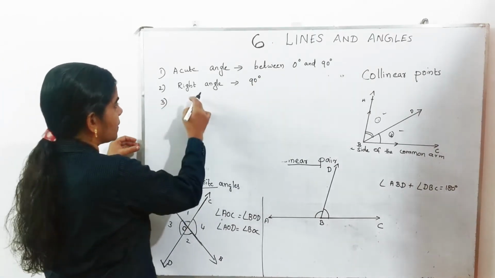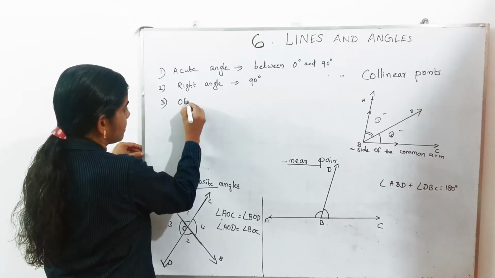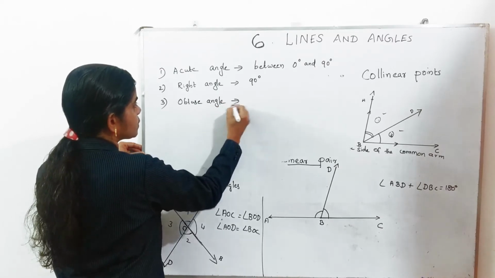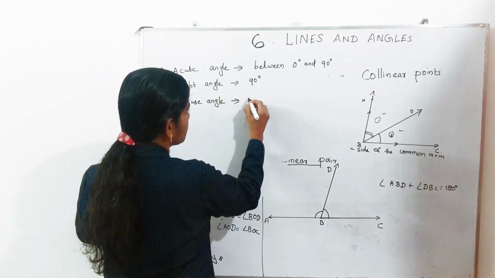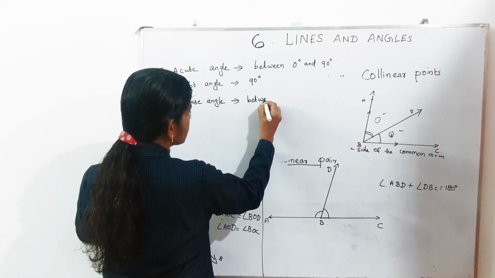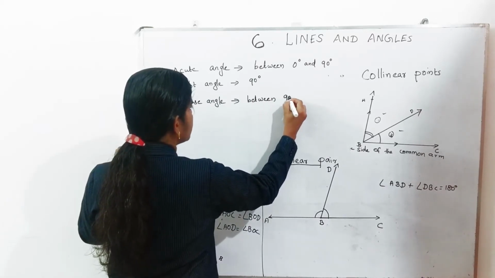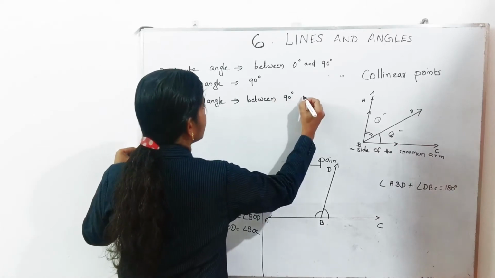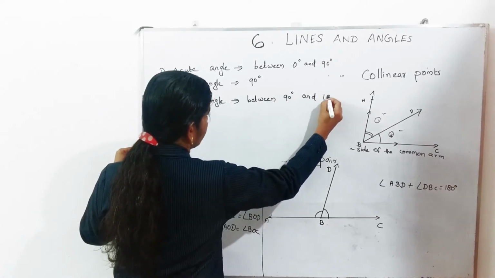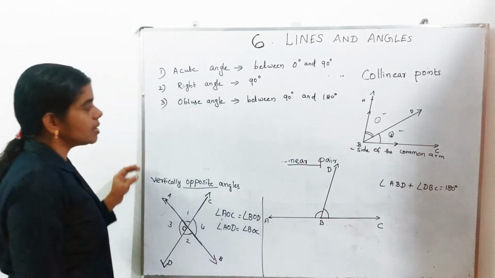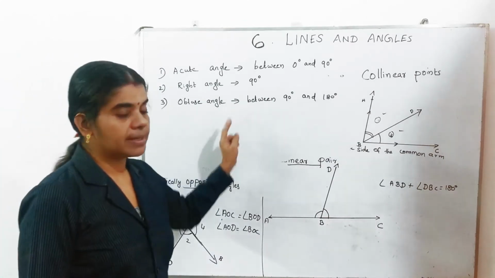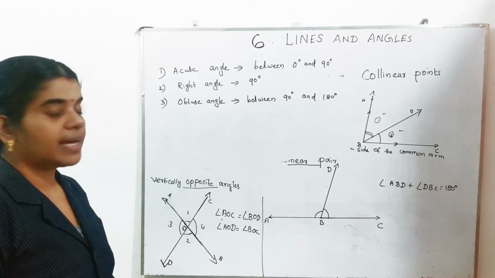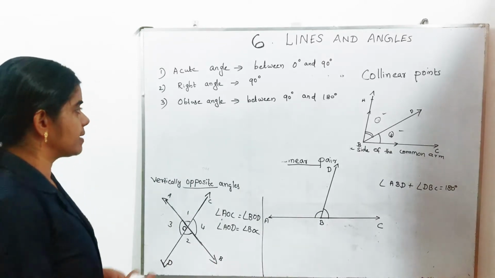Third one, obtuse angle, which lies between 90 degrees and 180 degrees. That means more than 90 degrees and less than 180 degrees. Those angles are known as obtuse angles.